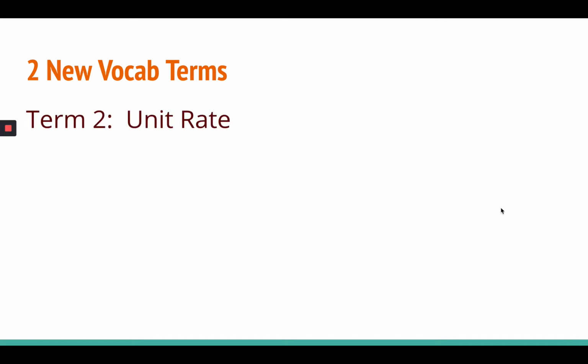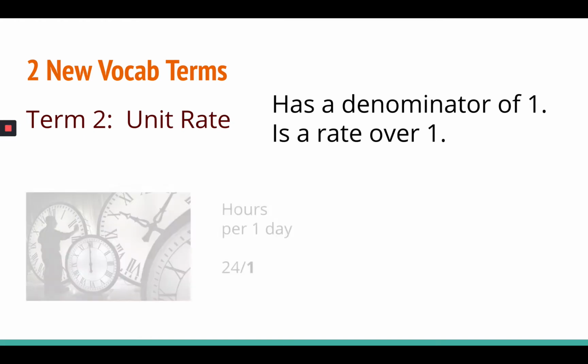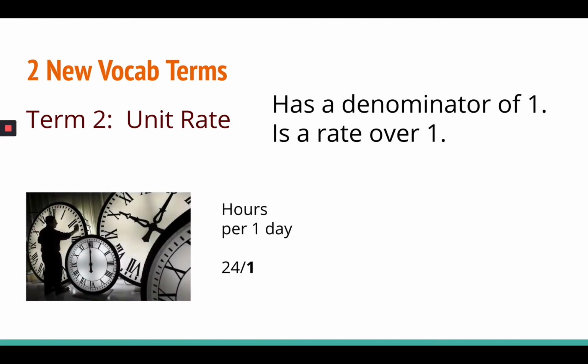The second term you need to know, and the real focus of this chapter, is unit rates. And a unit rate is a rate that has a denominator of 1. So, if I ask you how many hours in one day, and you say 24 hours in one day, you're giving me a unit rate, 24 over 1.